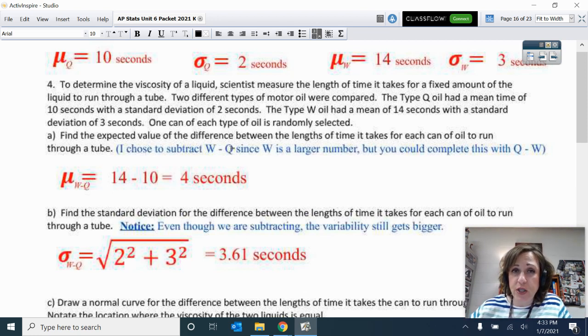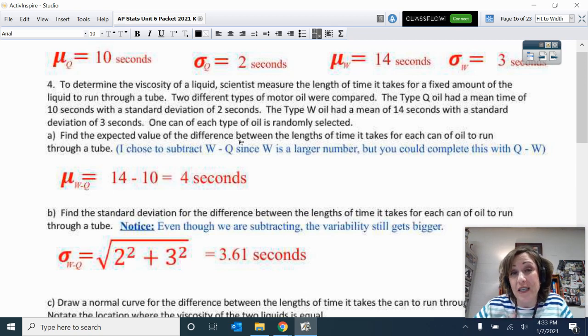How do you want to subtract? You can do Q minus W or W minus Q. It does not matter. Your numbers might vary a little bit in the interim. For example, if I did W minus Q, I just chose W as the first one because it's the larger number and I like to deal with positives.